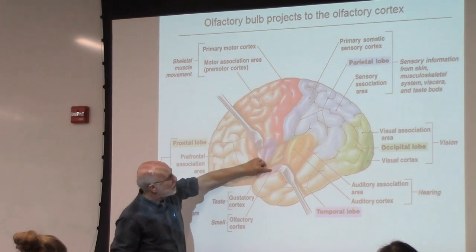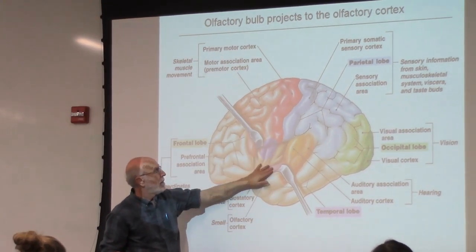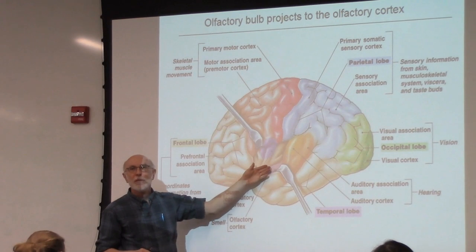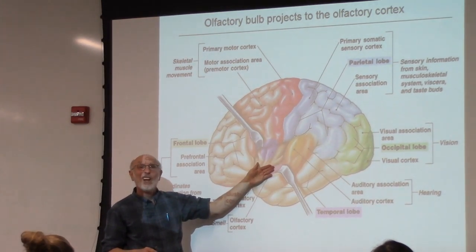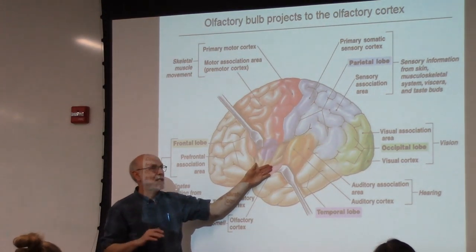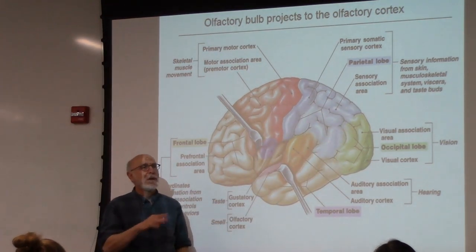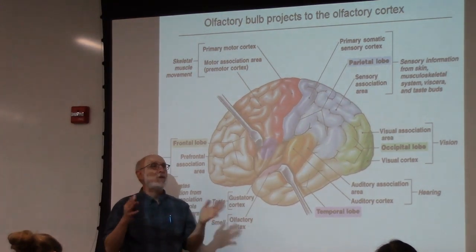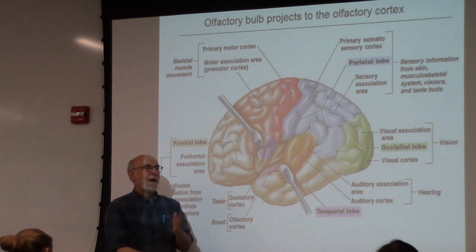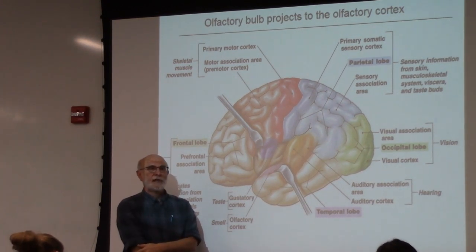So this looks like it's part of the temporal lobe. Well, actually, it's on the border between the temporal and the parietal lobe. It's very close to the hippocampus, which is interesting because of odor. You may have heard of the book Remembrance of Things Past, a huge book by the French author Marcel Proust.